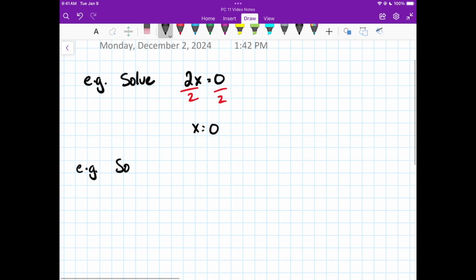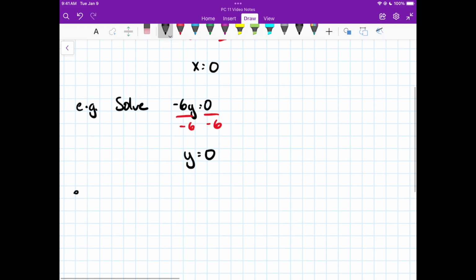So if I asked you to solve, I don't know, negative 6y equals 0. All right, you can divide both sides by negative 6 this time, and that's still going to get you y equals 0. Right, so if you want to get 0 from multiplying with something, you kind of need to have a 0 in there.